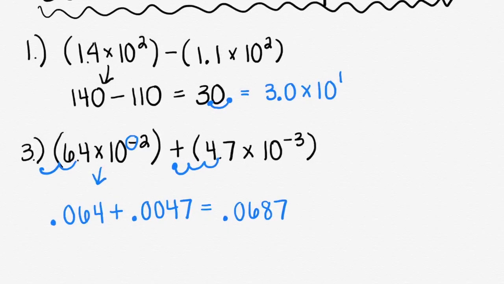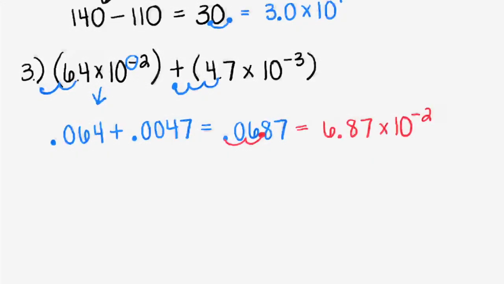And then we have to turn that into scientific notation. Now this time, the number is very small. So remember, we're moving the decimal to the right 2 spaces. So we're going to write this as 6.87 times 10 to the negative 2.